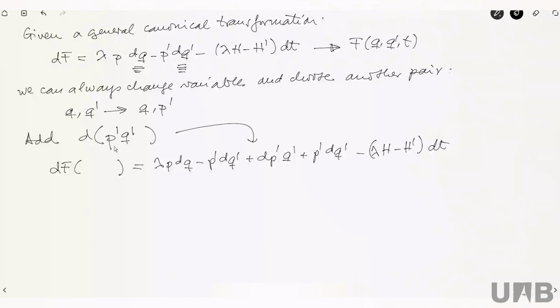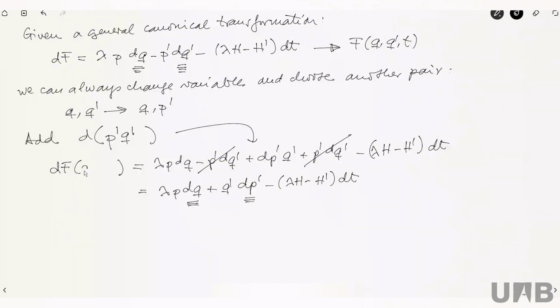And so this differential is chosen so that there is a cancellation of this term with that term. And then what we have is lambda p dq plus q prime dp prime minus lambda (h minus h prime) dt. And now we already have these differentials explicitly.